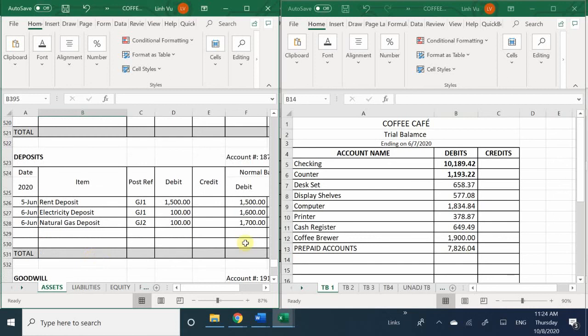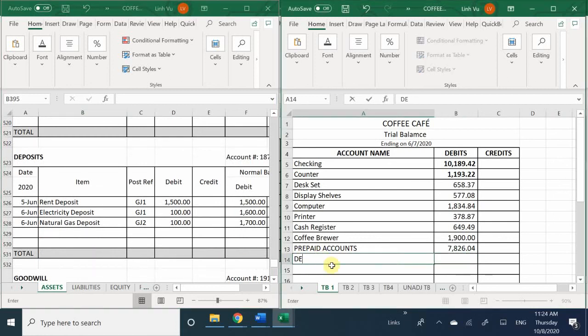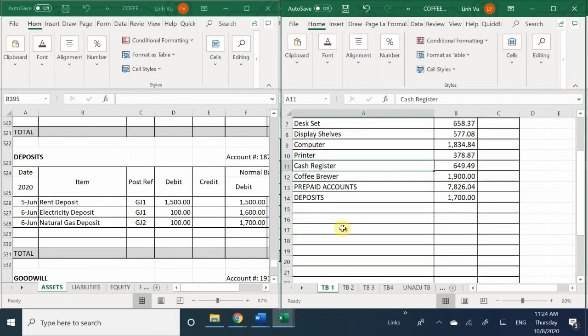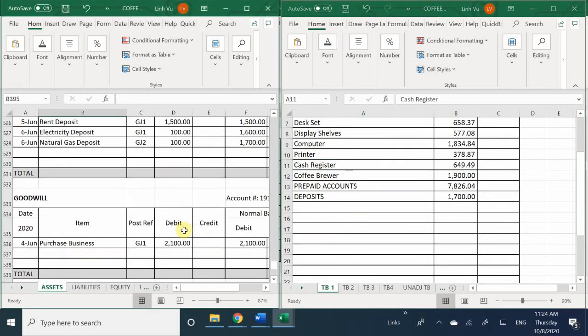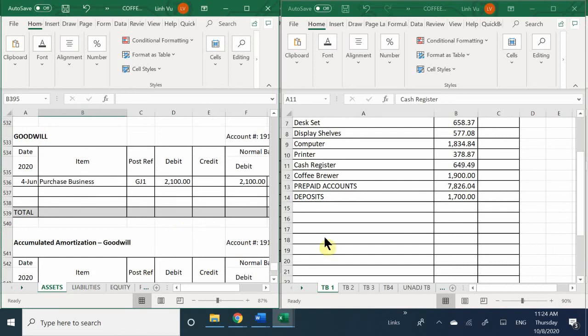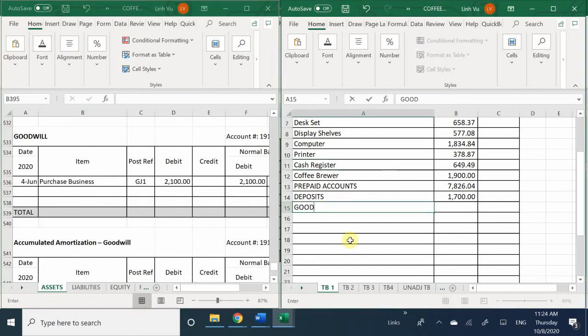Do I have anything in my deposits? Yes, you do. Deposits for the grand total of 1,700. All right. Next thing is, do I have goodwill? Yes, you do. That was when we purchased our business.